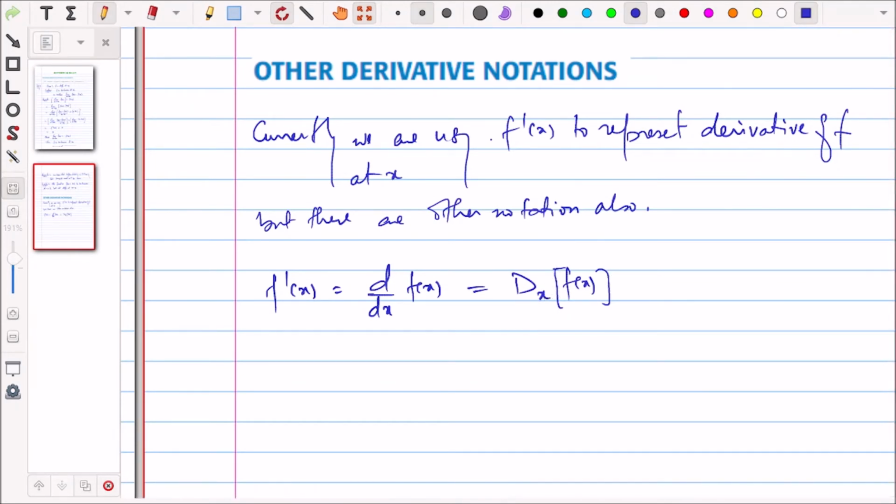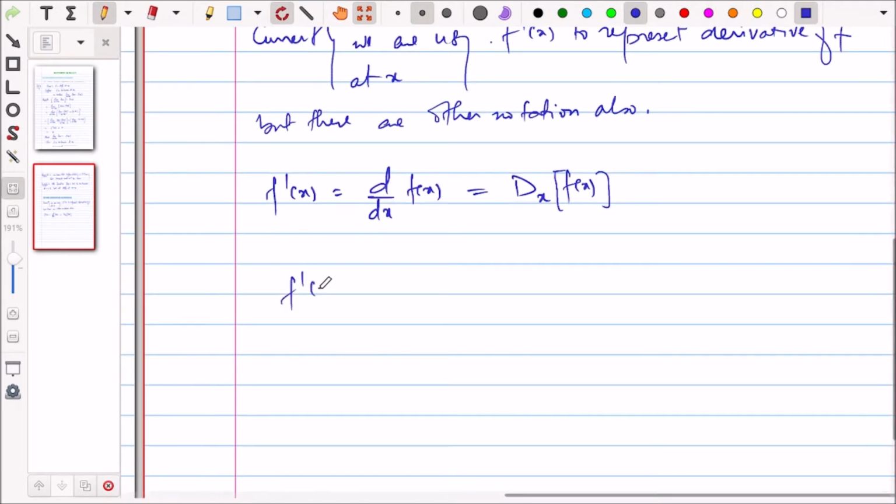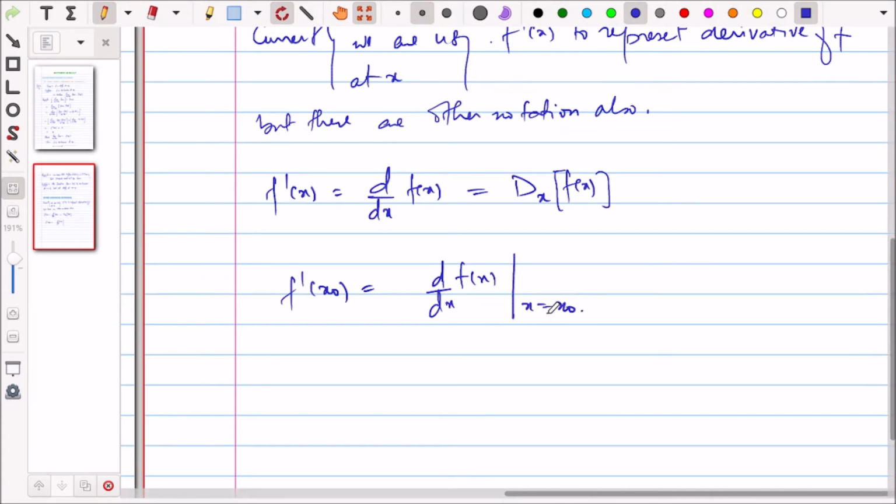And f dash x naught can be written as df by dx at x equal to x naught. So first you find the derivative and then put the value x equal to x naught.